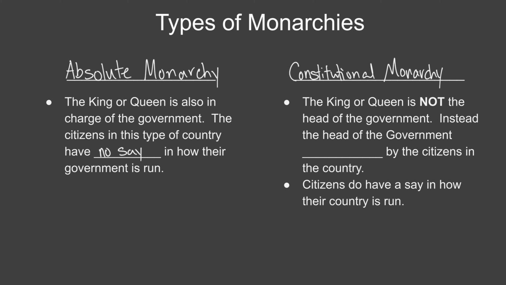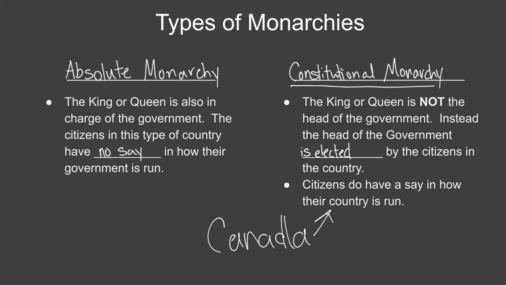Instead, the head of the government is elected by the citizens in the country, which means that the citizens do have a say in how their country is run. England, for example, is a constitutional monarchy, and as you will learn, so is Canada. Canada is a constitutional monarchy.